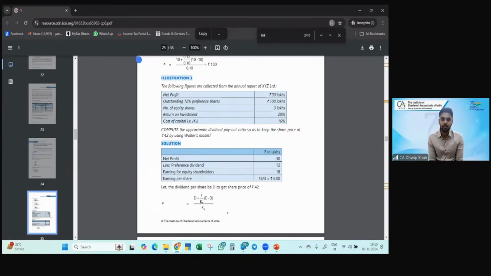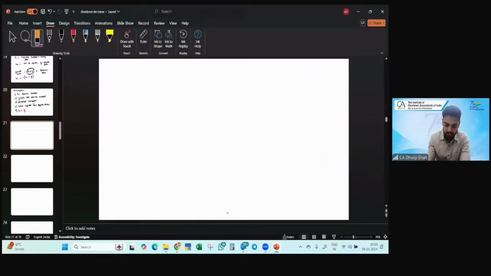First of all, looking at the question, they have specifically mentioned Walter's model. Whenever you read this word Walter, you need to quickly recollect the formula given by Walter.